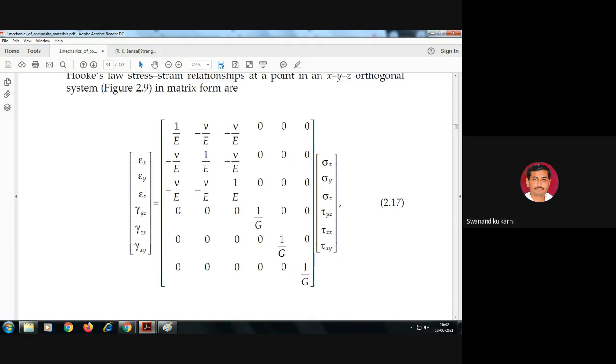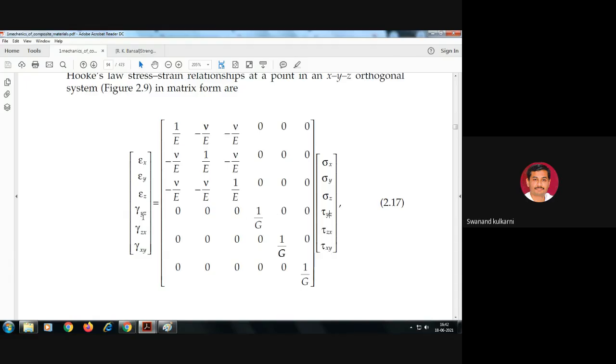For that purpose, we multiply this particular row with this column: 0 into sigma x, 0 into sigma y, 0 into sigma z, tau yz upon G. So gamma yz is equal to tau yz upon G, and for the remaining two, the multiplication gives 0 into tau zx and tau xy into 0.